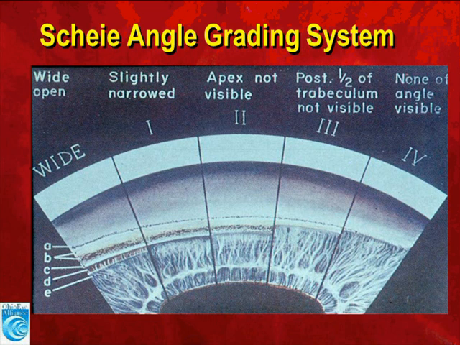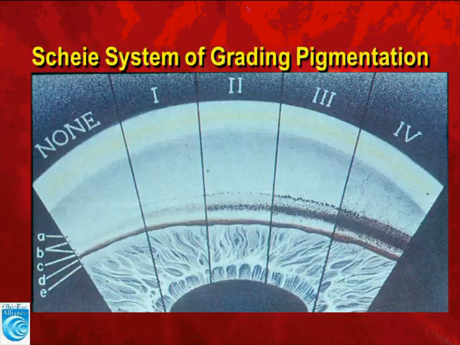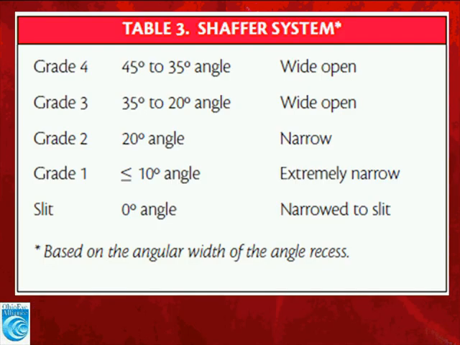The Scheie system was then publicized next, and Scheie's system graded the angle from wide open, wide, slightly narrowed 1, to angle completely not visible, grade 4. He also graded pigmentation similarly, from none to grade 4. The Schaefer system was opposite.